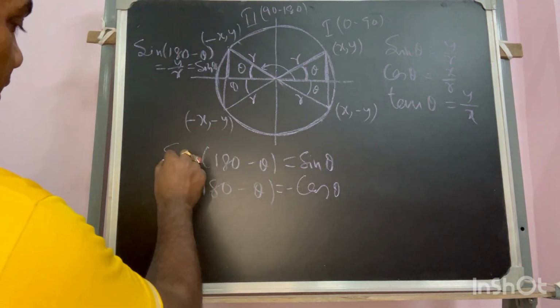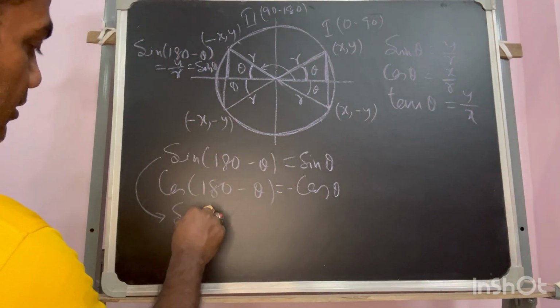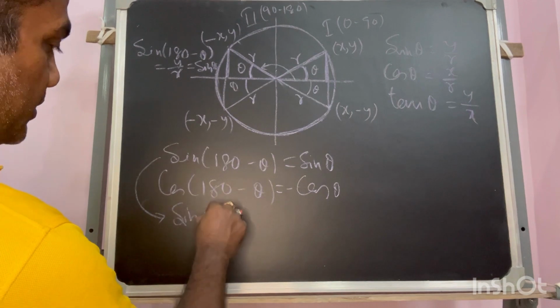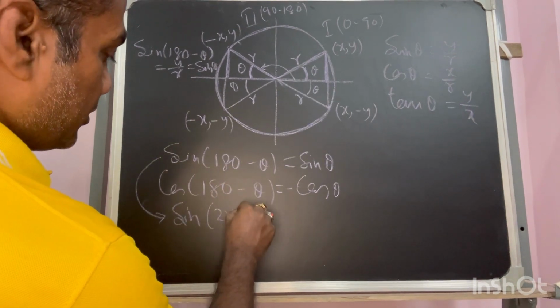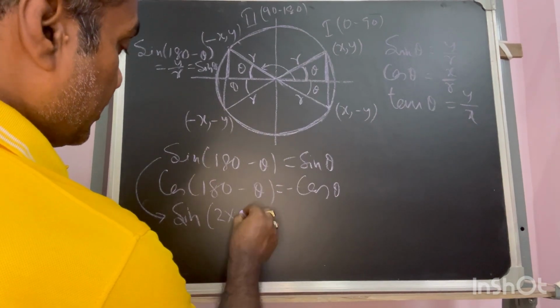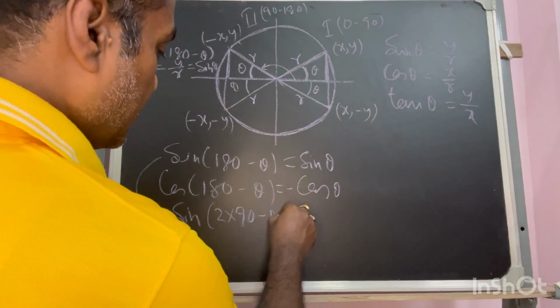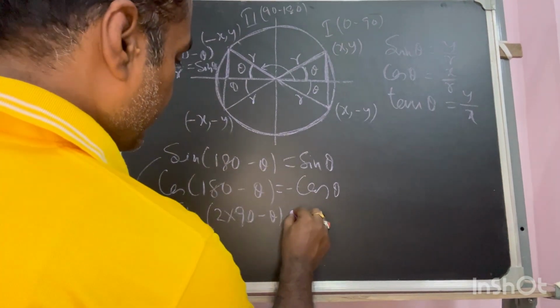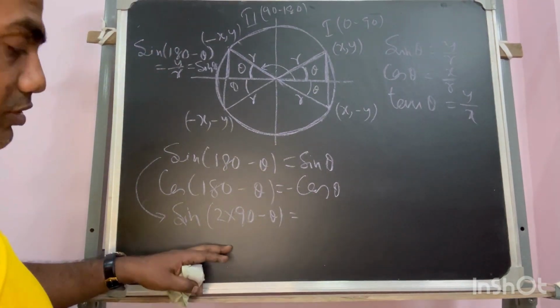From there we further explained that if it is an even multiple of 90 degree plus or minus some angle, then we established a rule.